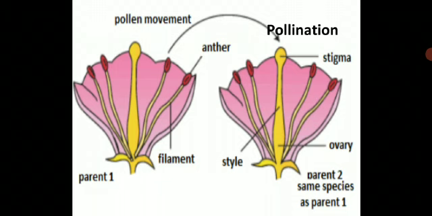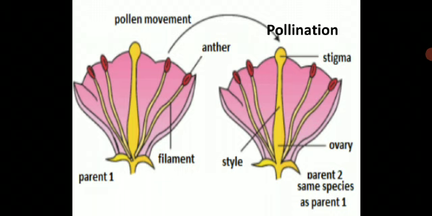The male reproductive organ, the anther, will carry pollens, and by wind, water or insects they are carried to the stigma, the female reproductive part of the other flower.